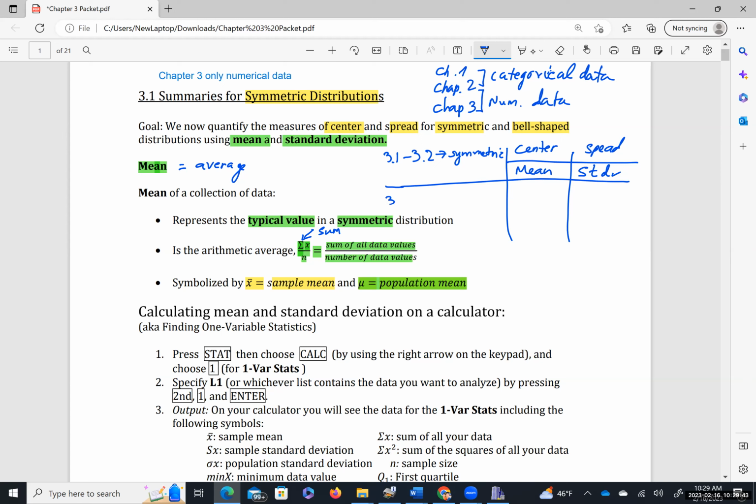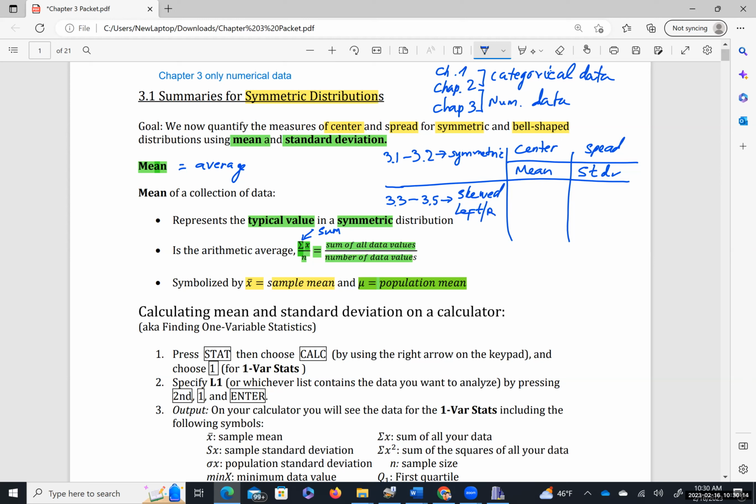For 3.3 to 3.5, we're going to learn about skewed distributions. It could be skewed to the left or skewed to the right.